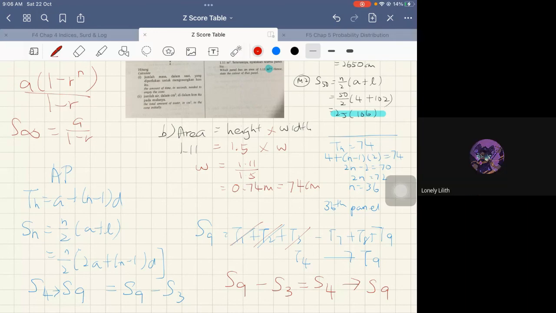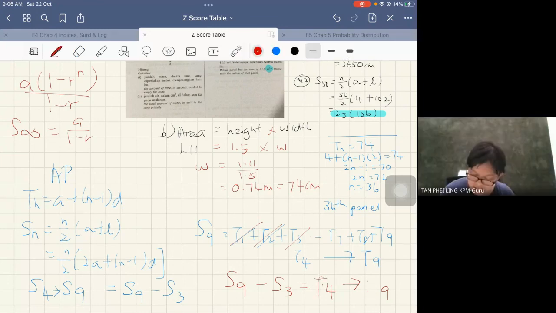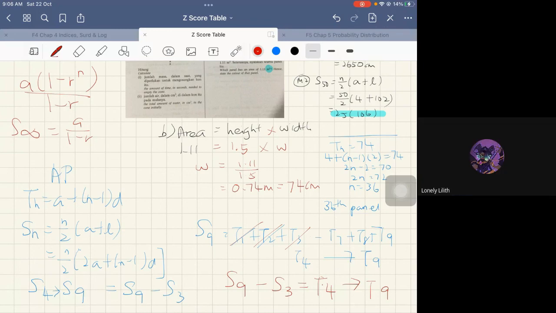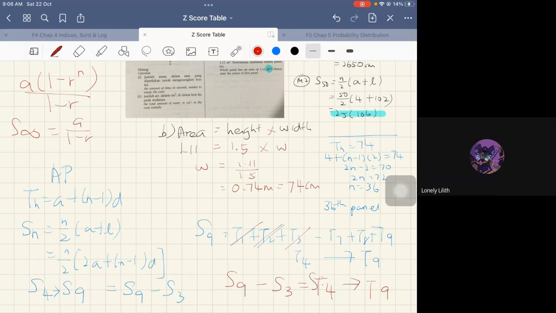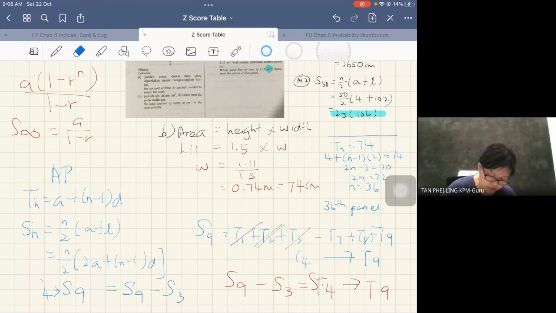I shouldn't write S4 to S9, I should write T4 to T9. Ah, yeah, that makes more sense. The sum of T4 to T9. Okay, it's the sum.